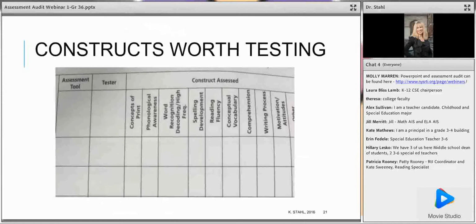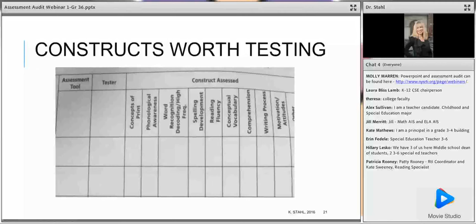And so if we look at our form, the constructs that are worth testing also fit those pathways. And in the upper grades, you might want to take a closer look at that form.